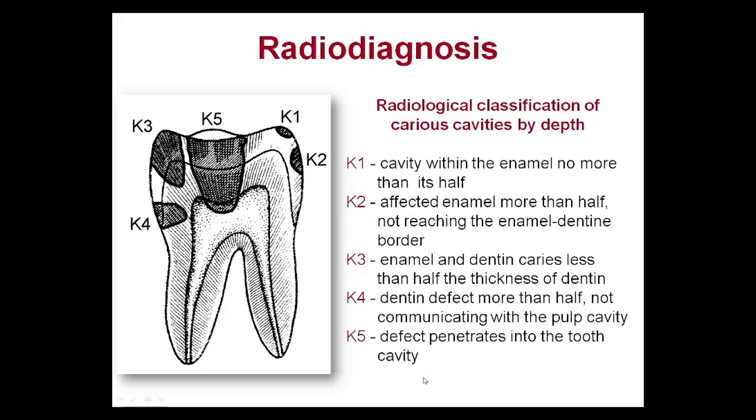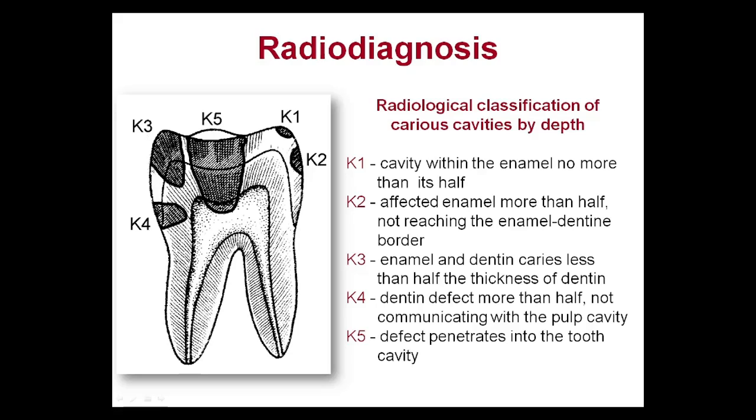K2 affects enamel more than half, not reaching the enamel-dentin border. This line is the enamel-dentin border, and K2 is a caries cavity more than half but not penetrating into dentin, not reaching the enamel-dentin border.